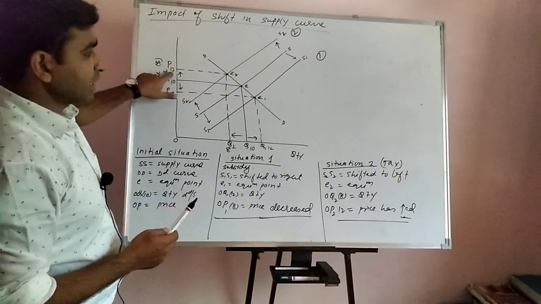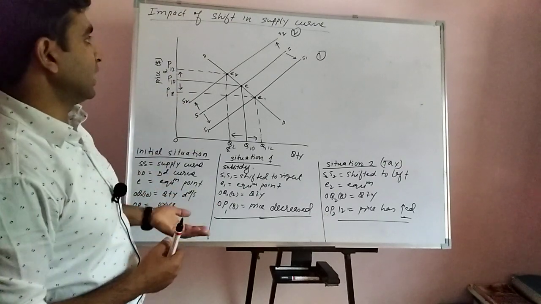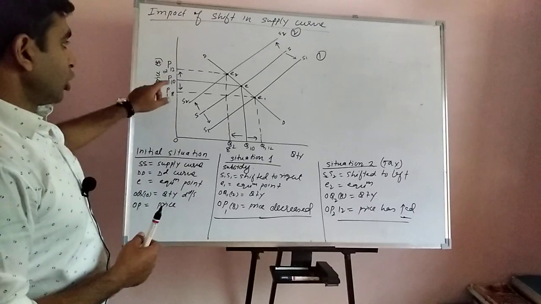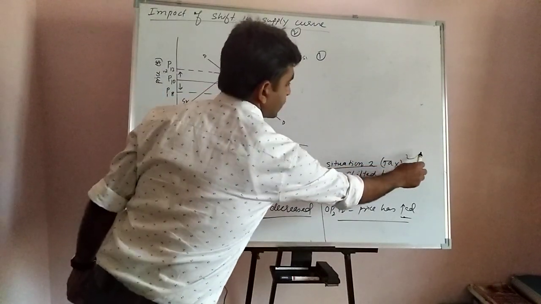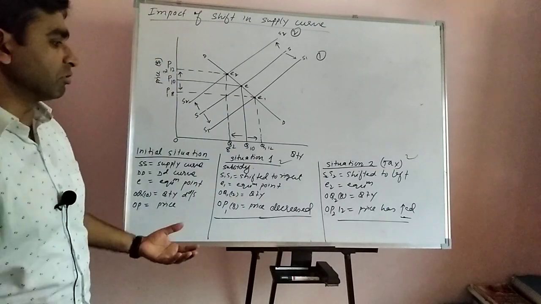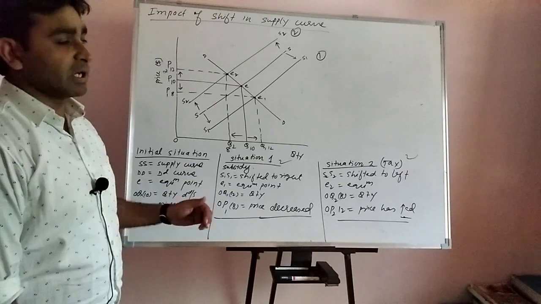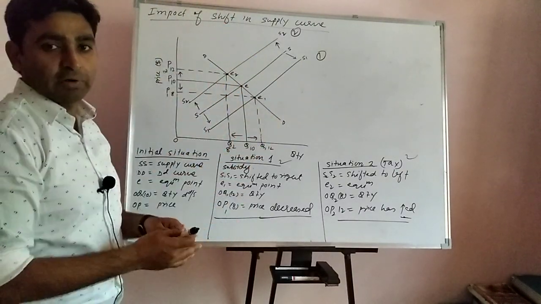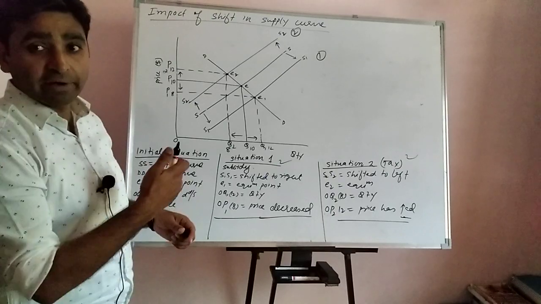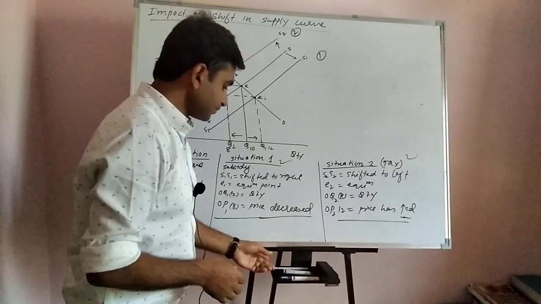So this is the impact of the supply curve on price. Fine. So you can go through situation 1 and situation 2. That will give you a brief idea of the impact of a shift in the supply curve towards the right and towards the left. Fine. So finally we have done the shift in the supply curve also.